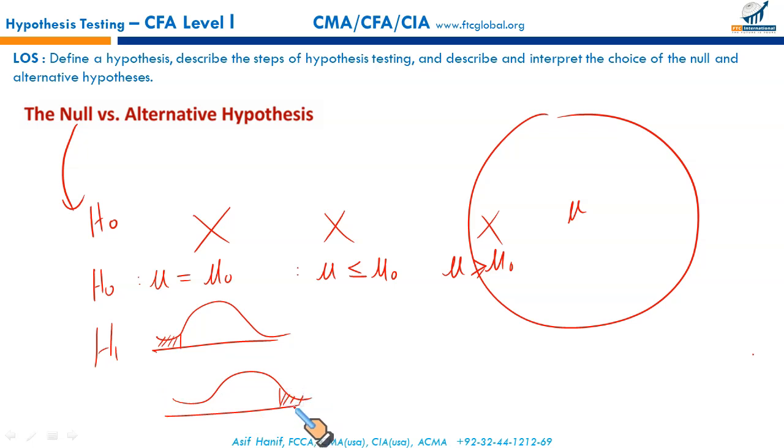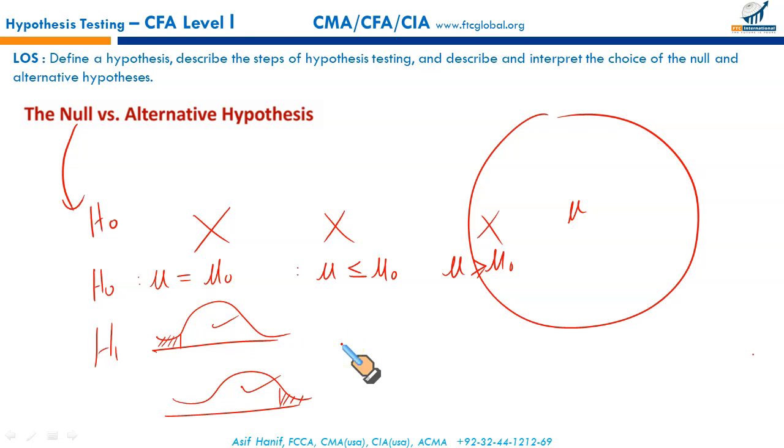This is called one-tailed test, left side or the right side. So the aim is to test the possibility of change in one direction, left or right, and completely disregard this region. Disregard the possibility of change in the other direction.